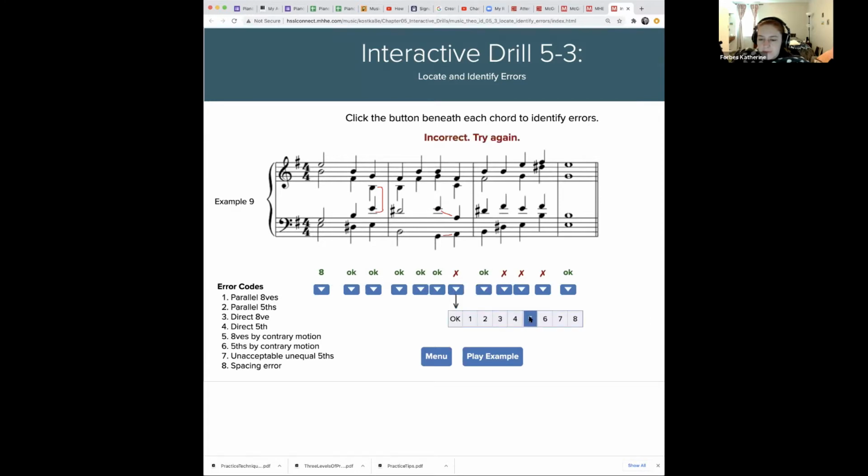They say no. They're calling it a direct octave.